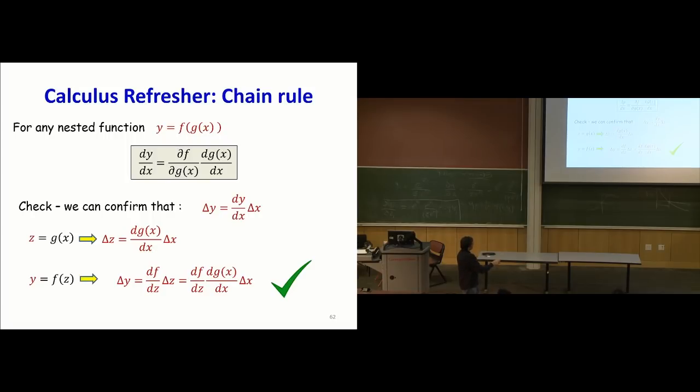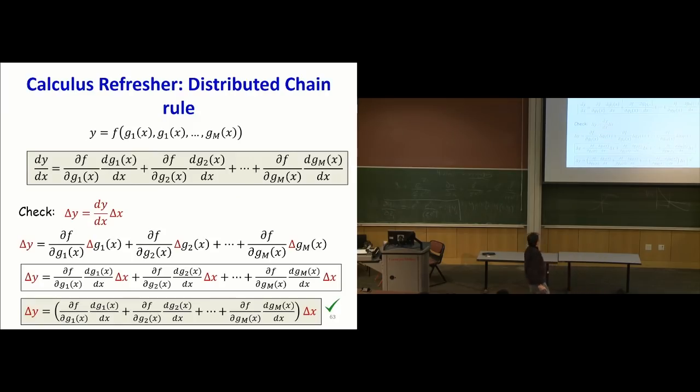So therefore, the derivative of y with respect to x is the derivative of f with respect to g times the derivative of g with respect to x. So it's a simple chain rule, but I've shown you how the basic definition of the derivative gives you this rule, right? Now, I can have a distributed function.